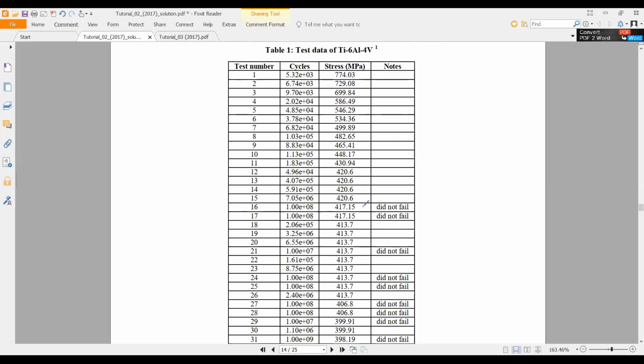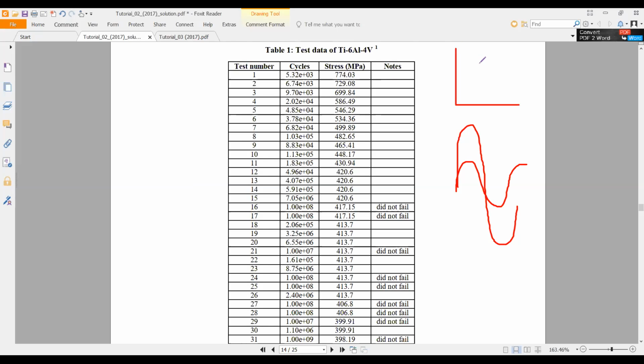So you can see some of them they put a note: 16 test and 17 they didn't fail. That means it reached the endurance limit. Okay, with this stress amplitude, this is much higher. Okay, that's the meaning of that. So with this stress, it can break, it failed.